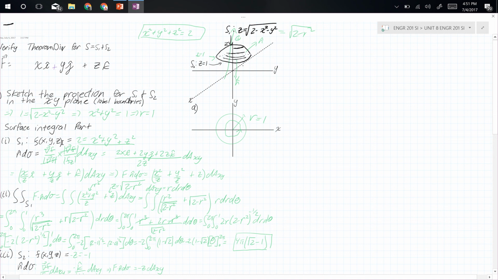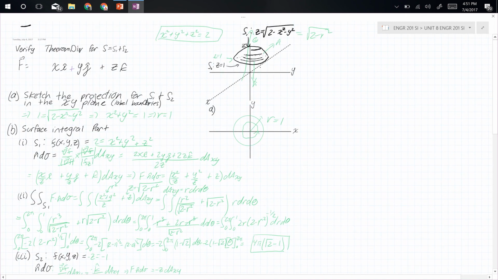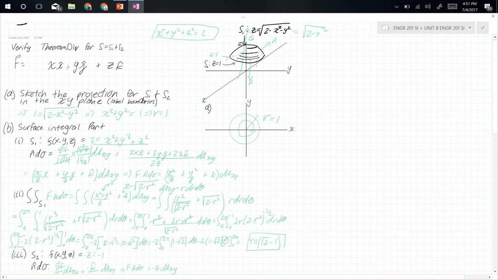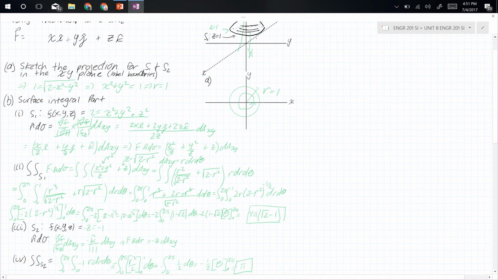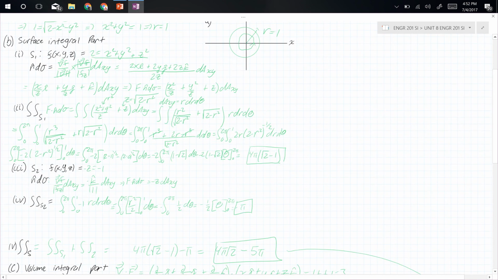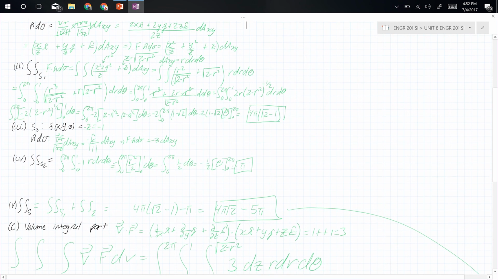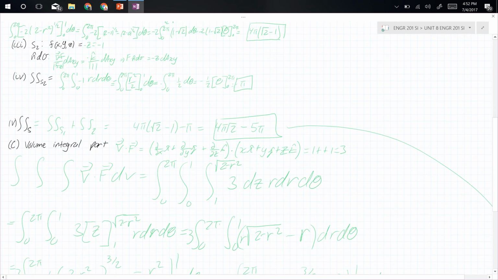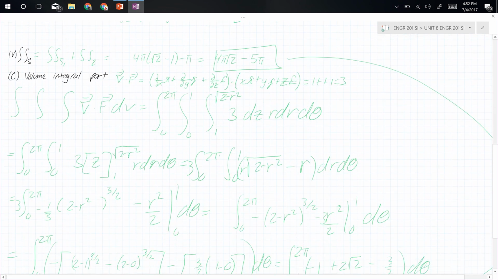It's really easy, but that's something you need to know in order to find n hat d sigma. When you have to do the volume part, you have to reach back into units 4 and 5 on how to do volumes. So I'm sorry if those units did not go well for you. They didn't go well for me either.